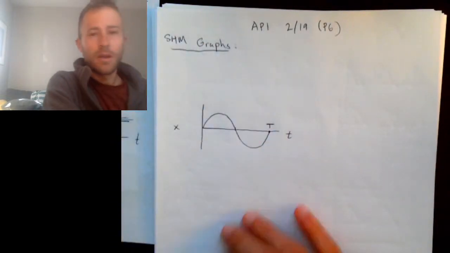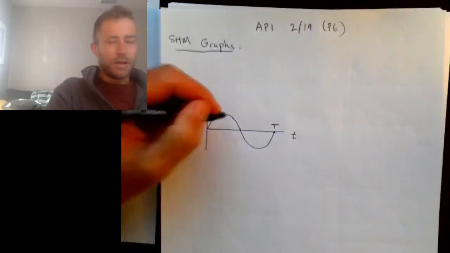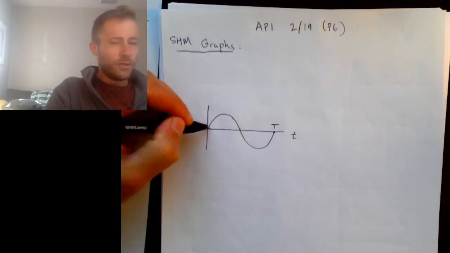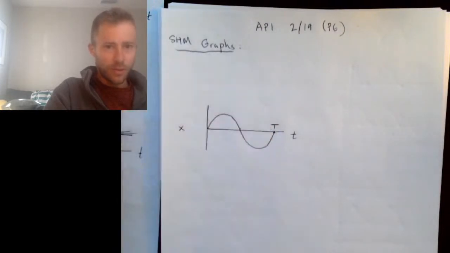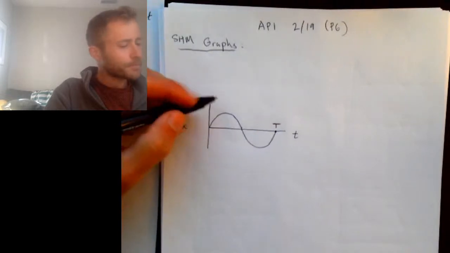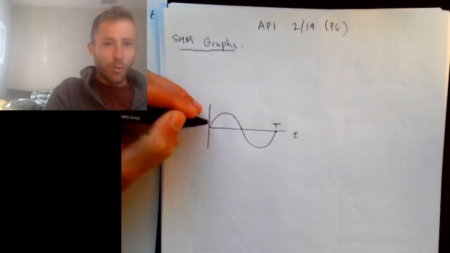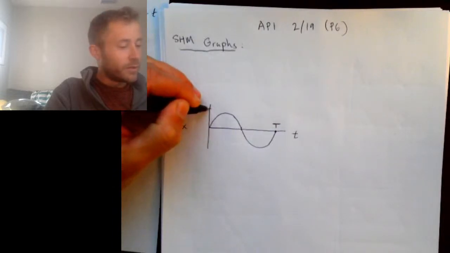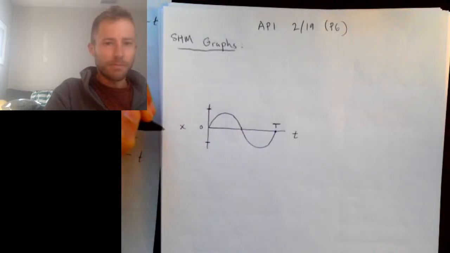A full period means you go forward and you go back and you come back to where you started. The graph wiggles between the two extreme points. Here's x equals 0.